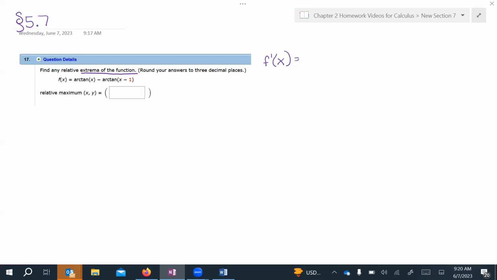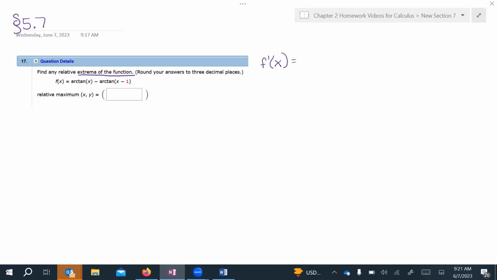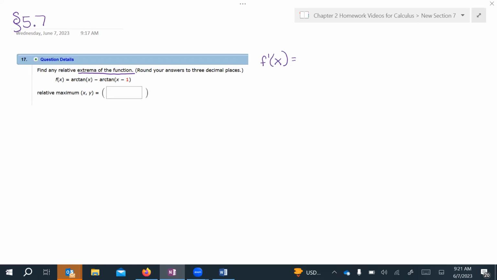Then for this, we need to find the derivative of the arctangent function. If you have it memorized, that's good. If you don't, you can reference a formula sheet. You won't be given a formula sheet on the exam, but you'll be able to at least look at it.